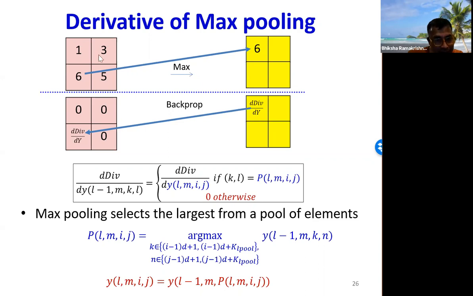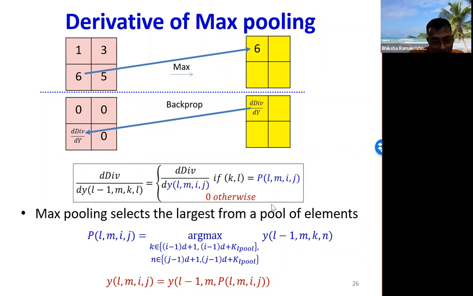In other words, the derivatives of all of these terms that were discarded is going to be 0. On the other hand, as far as the maximum guy is concerned, every small perturbation over here is going to reflect exactly over here. So the derivative that you computed at this point must be copied over to this location.